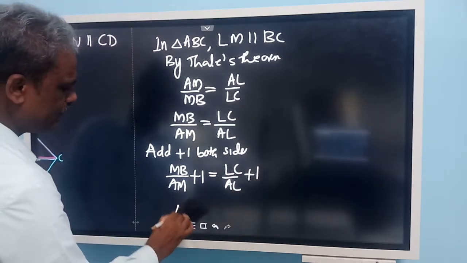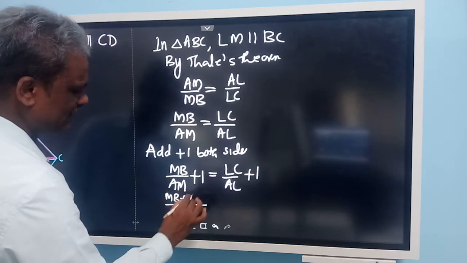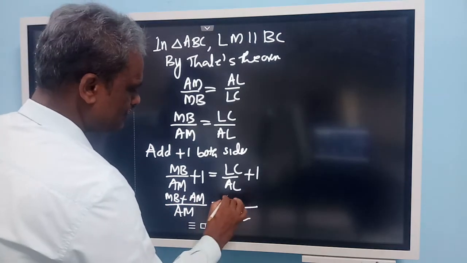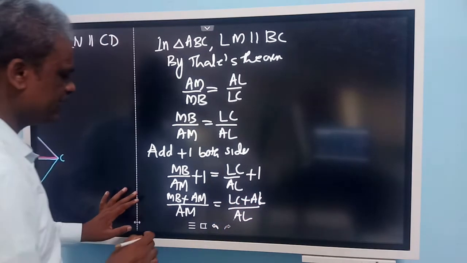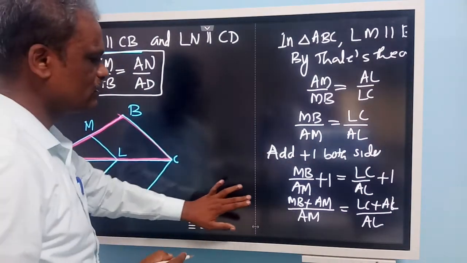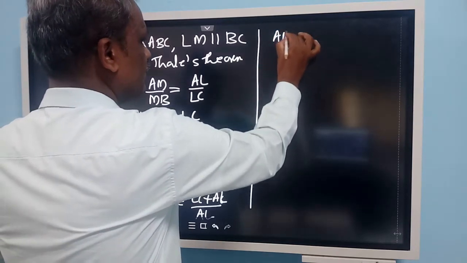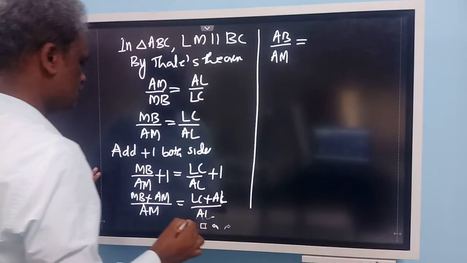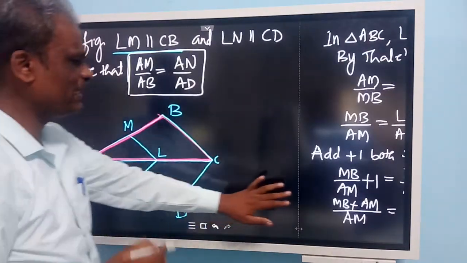So now AM is the LCM. The numerator becomes MB plus AM. Denominator becomes AL, so LC plus AL. Look at the diagram, MB plus AM is nothing but AB. So we can write here AB. So AB by AM is equal to, here LC plus AL. LC plus AL is nothing but AC.